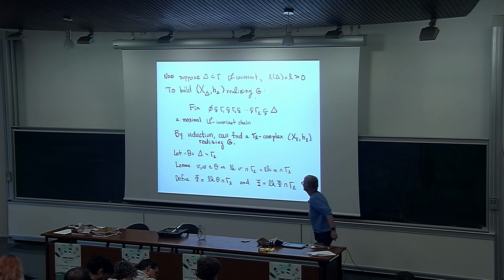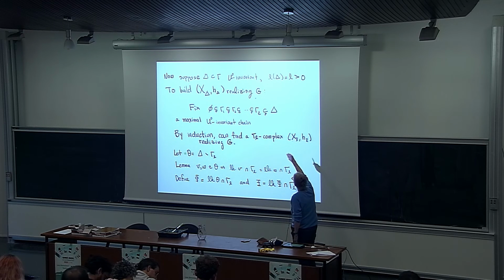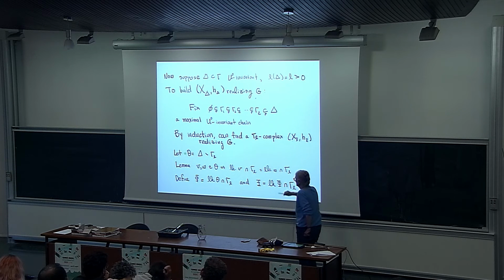Look at the last graph and look at what you have to do to get to the next graph. The lemma is that if you look at what's left after you remove delta, if you look at two vertices, they've got the same link intersected with gamma L. So I'm going to draw you a picture of that.